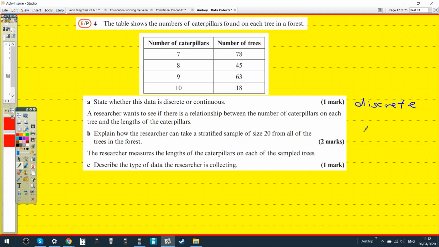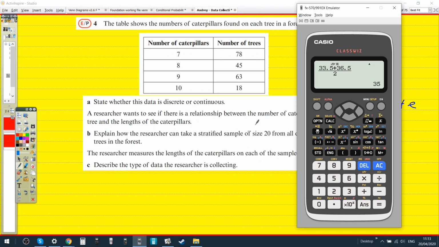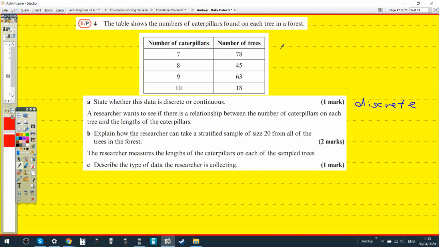We had a formula for this, didn't we? Kind of. Do you remember how it would work? Was it number in stratum over number in population times sample size? Yeah, that's it. So what would it be for the first group? So it's a total of 204 trees.